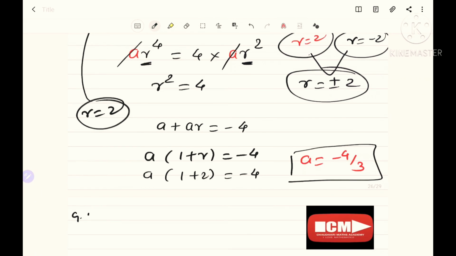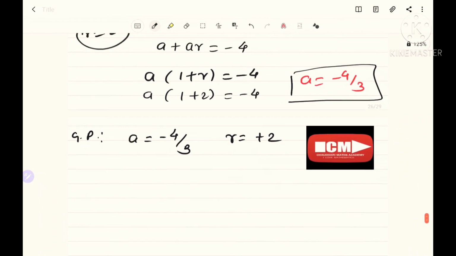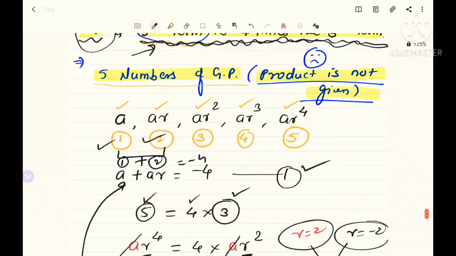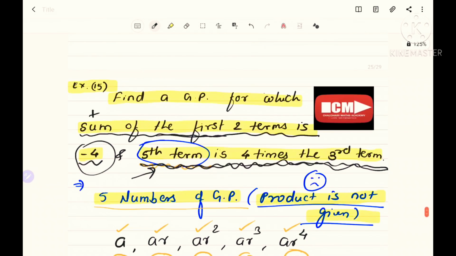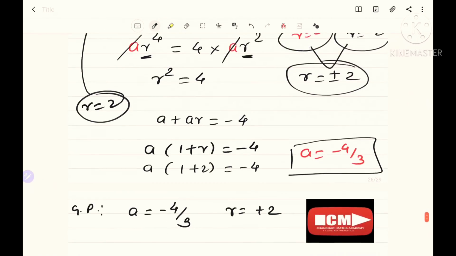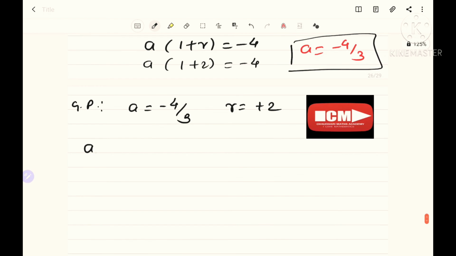So we got the value of a and the value of r. For a GP, these 2 terms are very important. a is -4/3 and r is +2, which is case number 1. Let's find the numbers. They want the numbers of the GP, which we considered as a, ar, ar square, ar cube, ar raised to 4.